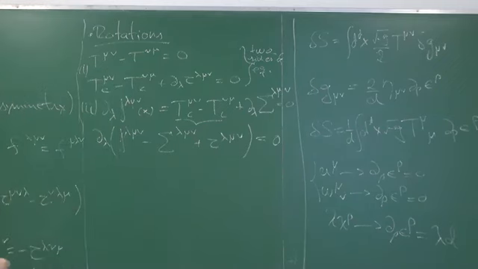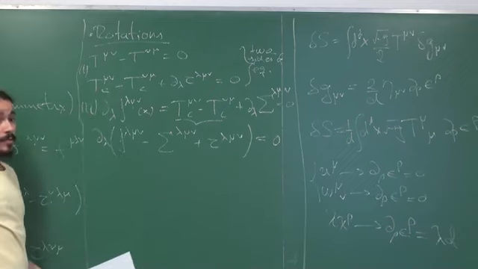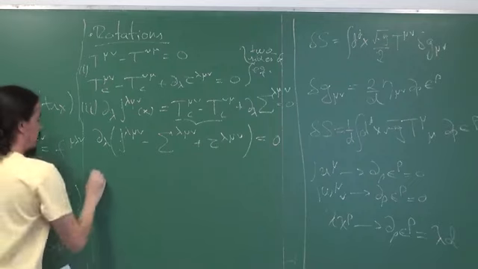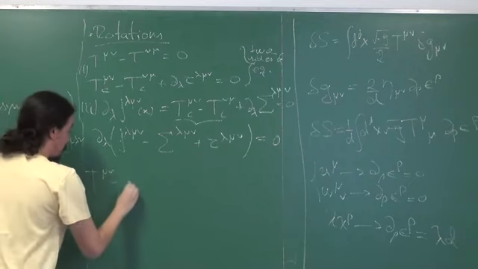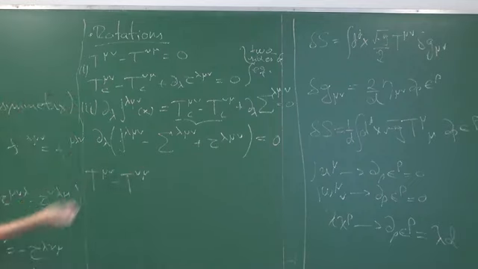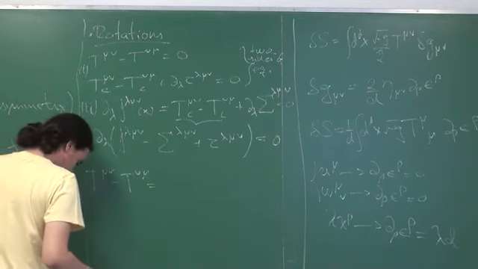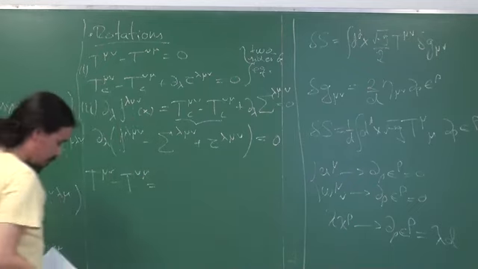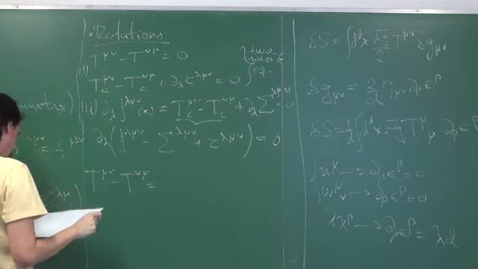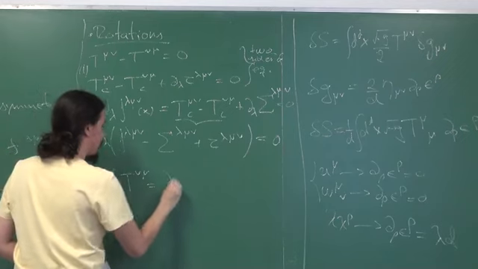What I've done here is get rid of the canonical energy momentum tensor that is not symmetrical, and now I have an expression for the improved tensor, coming from this side. And we have this.